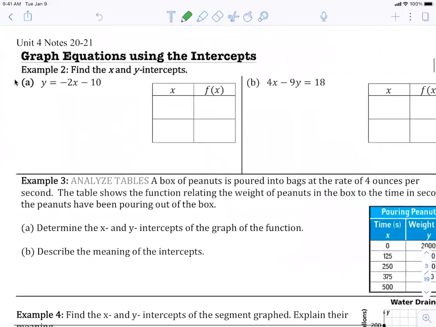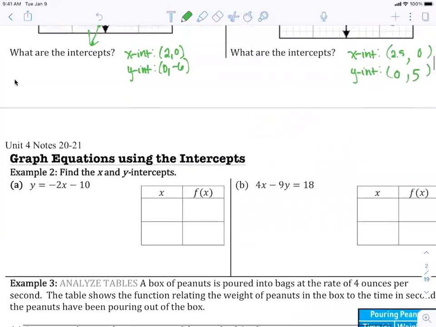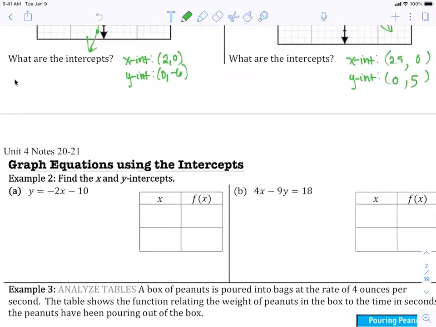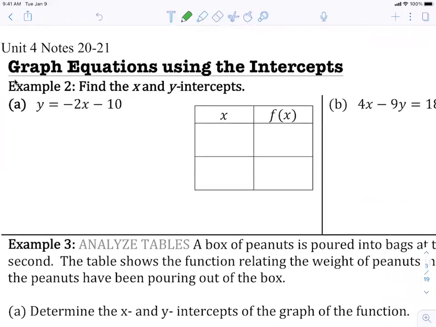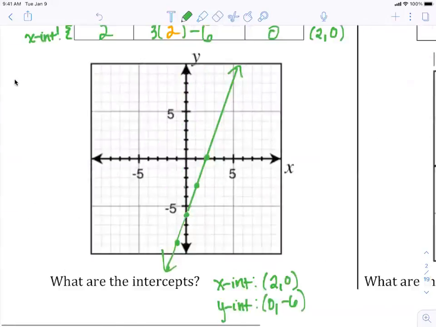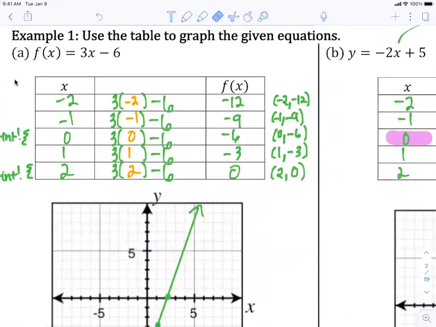Okay. Now I say at least one. We are going to talk about another way of graphing. And the cool part is using just that idea of intercepts. That's because to graph a line, if we look up above, if all I did was graph one of these points, that doesn't tell you the trend of where all the other points are.